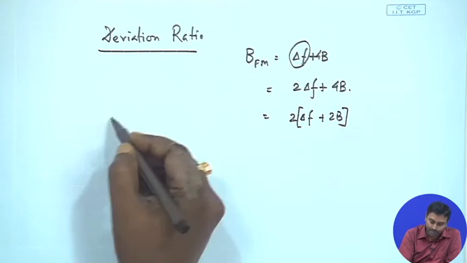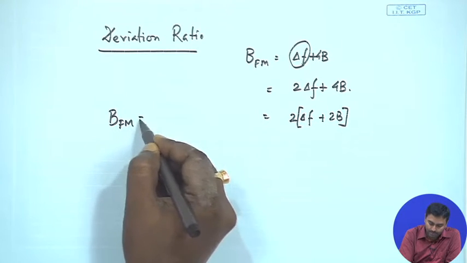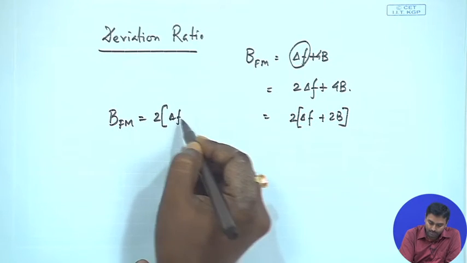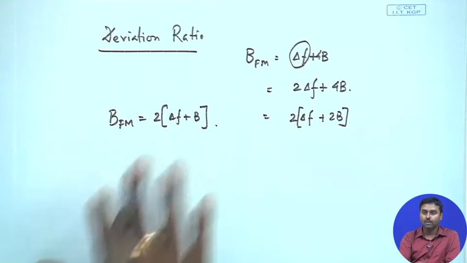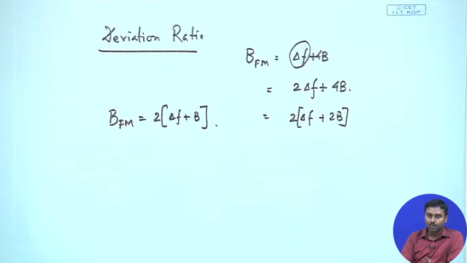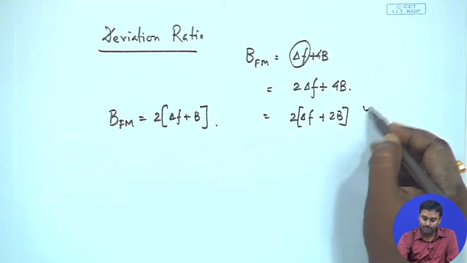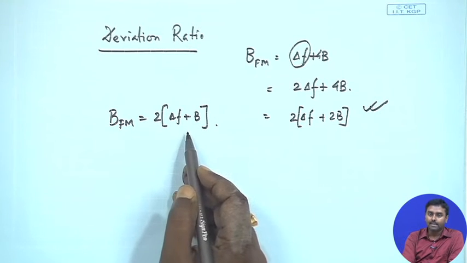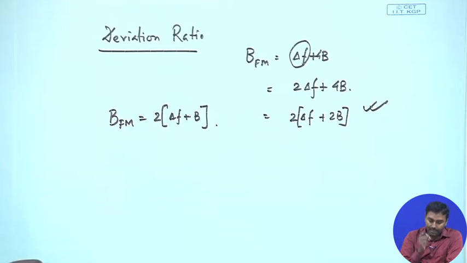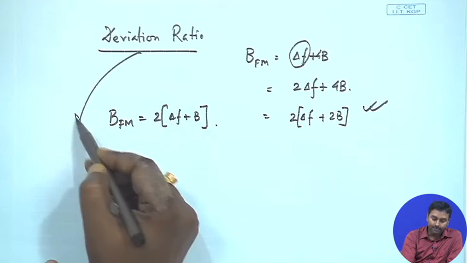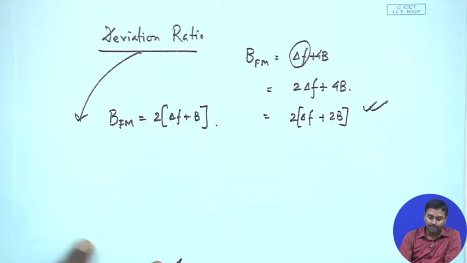So, with that approximation BFM must be 2 del f plus b. So, one of these formulas will be correct, we do not know. Right now we have derived this one, but we are saying that probably from narrowband FM this should be the correct one.